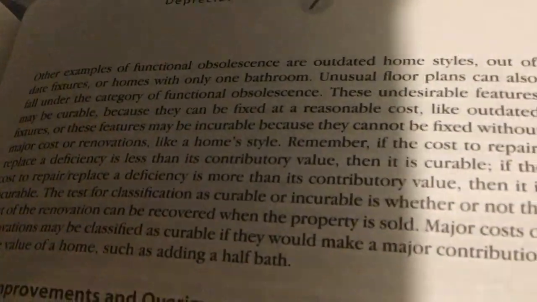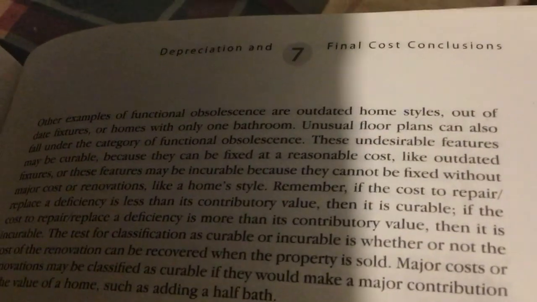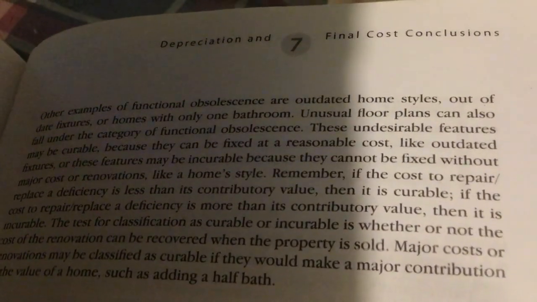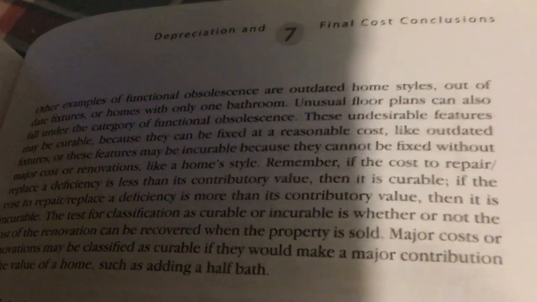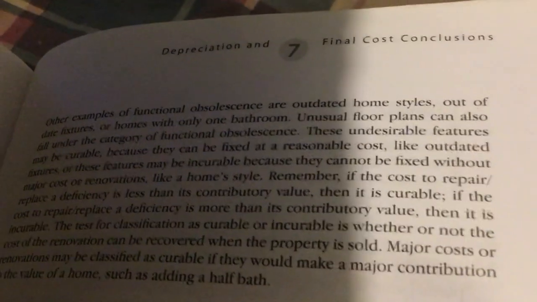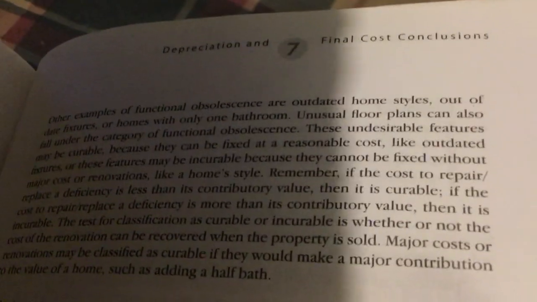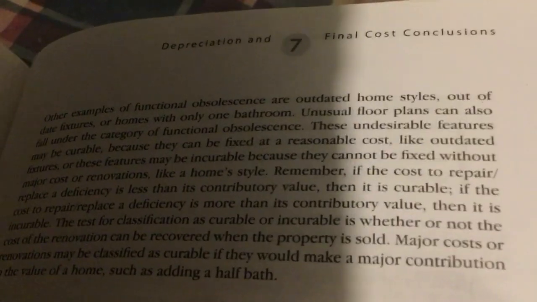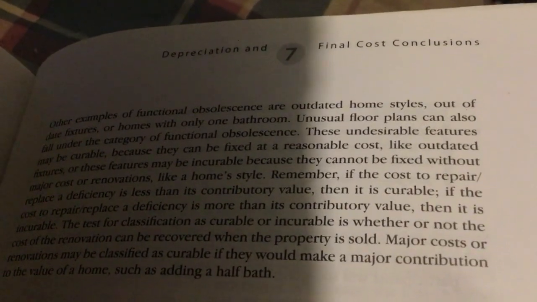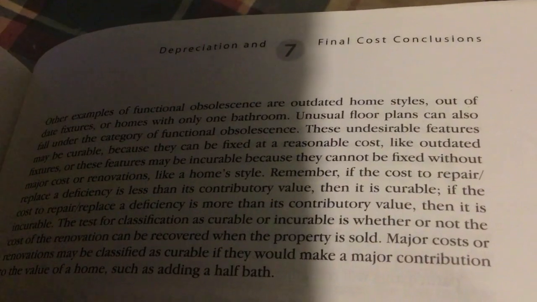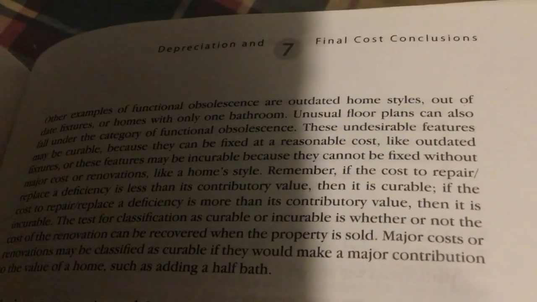Other examples of functional obsolescence are outdated home styles, out-of-date fixtures, or homes with only one bathroom. This is getting close to what the functional obsolescence is in my diagram. Unusual floor plans can also fall under the category of functional obsolescence.